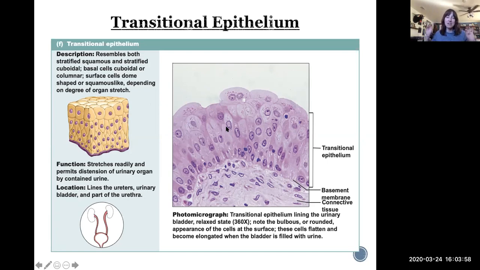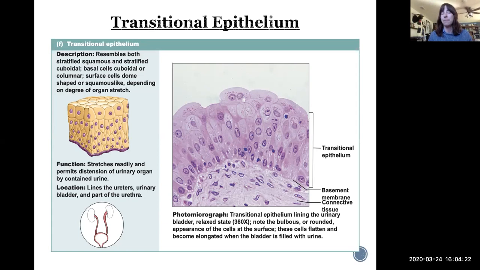So the whole reason that transitional epithelium exists is to be super duper stretchy. Okay, so it looks cuboidal when it's relaxed, and then when it stretches out, it looks like squamous.